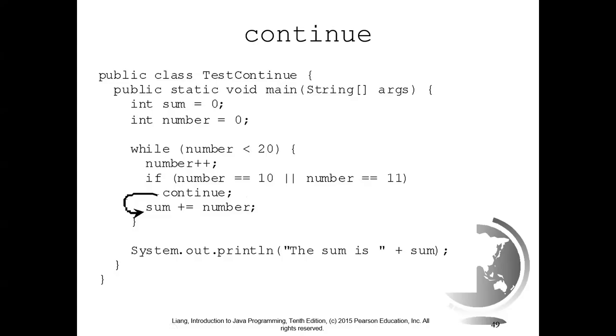And then we check whether the number plus is 10 or 11. If it is still one of 10 or 11, we still continue. That means we skip the number plus equal number. We will skip it, and we will return to the beginning of the loop body. That is the continue.